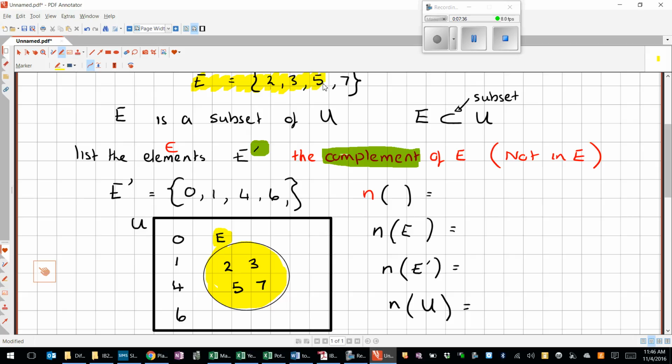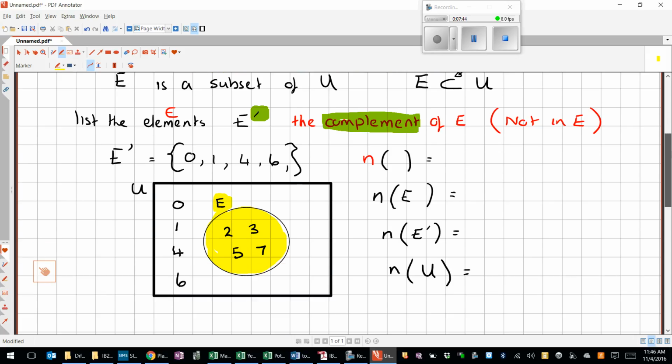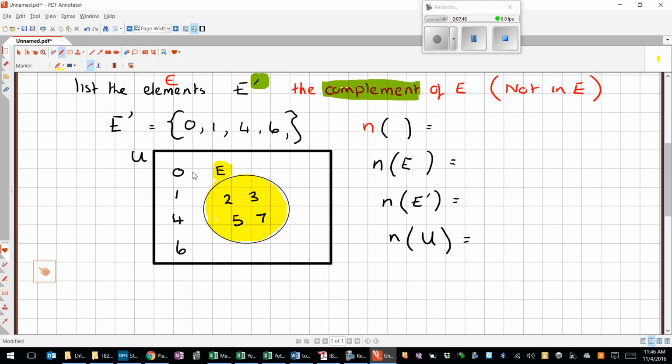Okay? So that's what we've got there. E is just my label. And then the ones that are not in E should be on the outside of the circle. Okay, so all of those should be there.